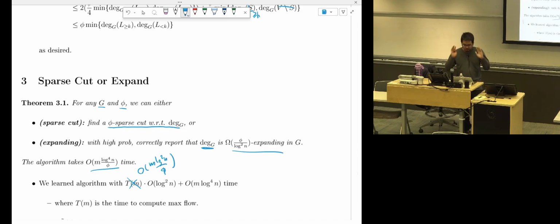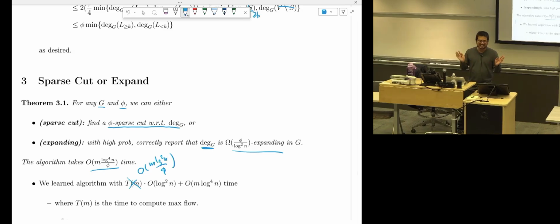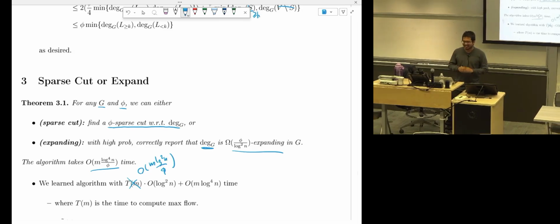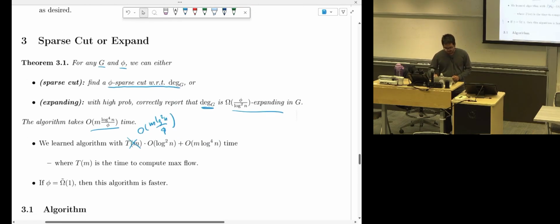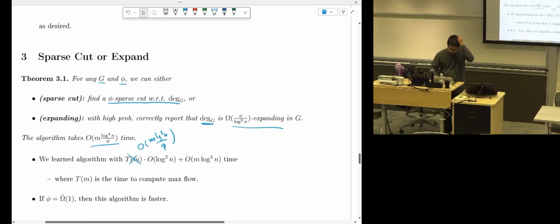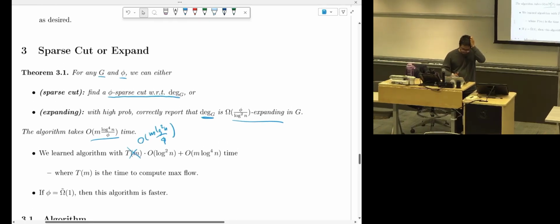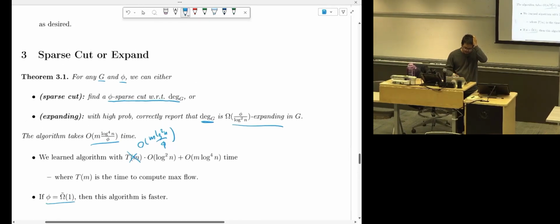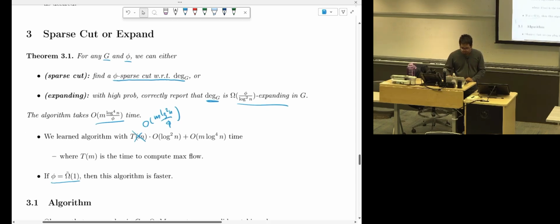So all we need to do is verify that sparse cut or mesh is a valid matching player. Good. When phi is quite large, this is actually faster than calling max flow. And there is no black box now.